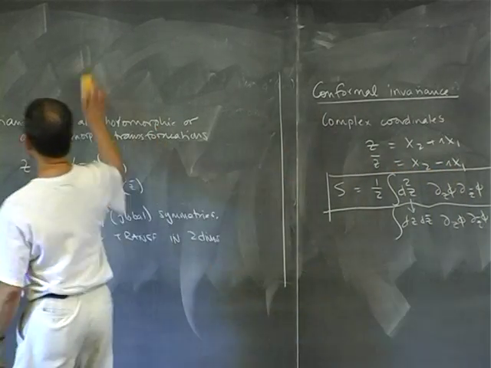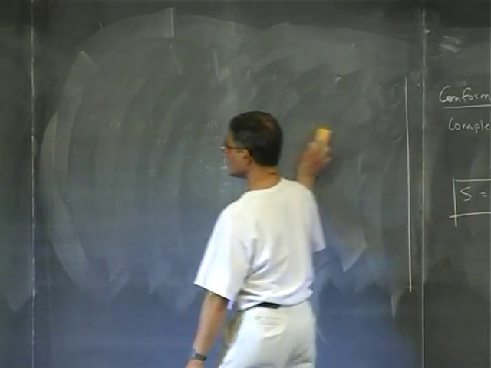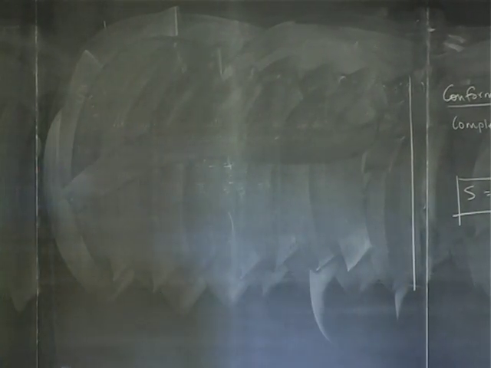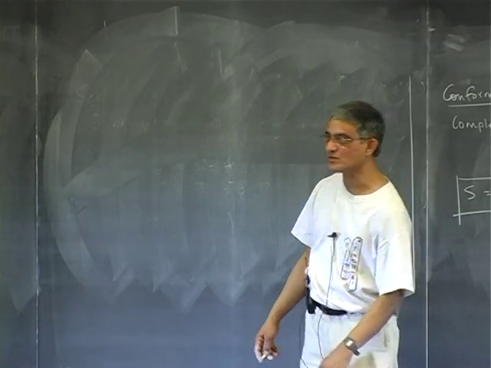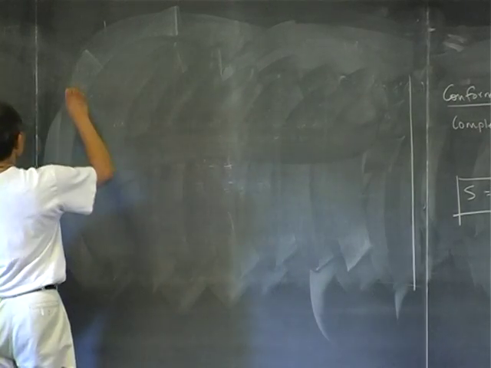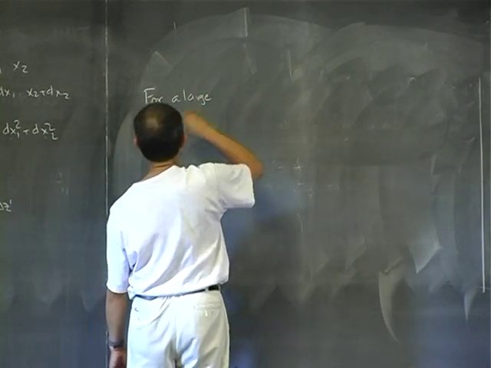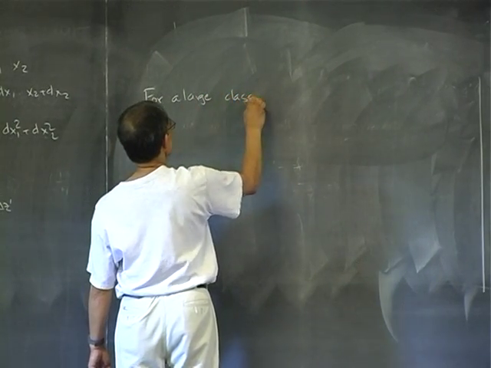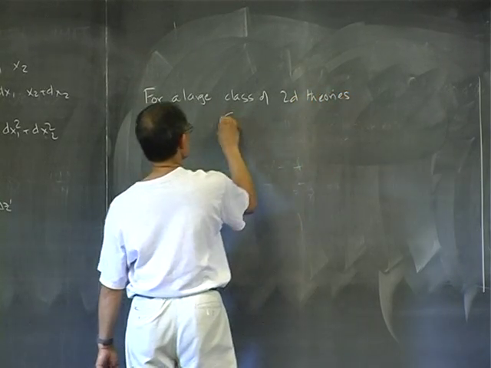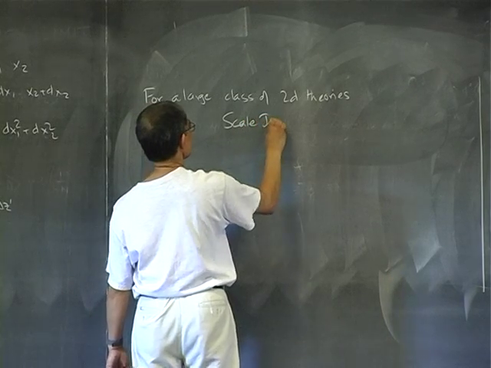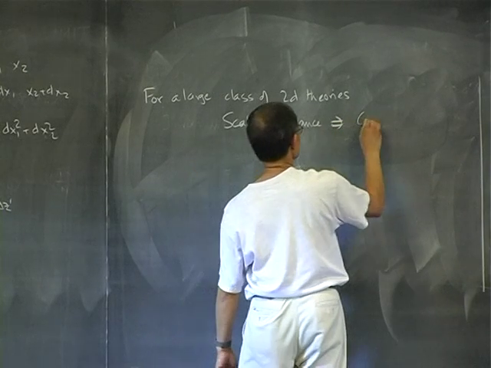It is a deep fact of a large class of 2-dimensional theories, something which follows from something called Zamolodchikov's theorem, which I thought I would prove to you, but that will take too much time, which tells you that for a large and physically interesting class of 2-dimensional theories, scale invariance implies conformal invariance.